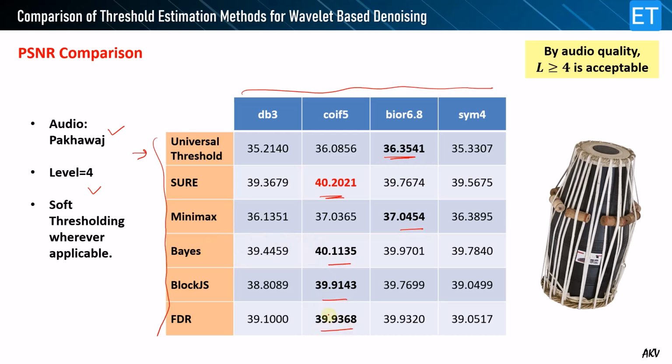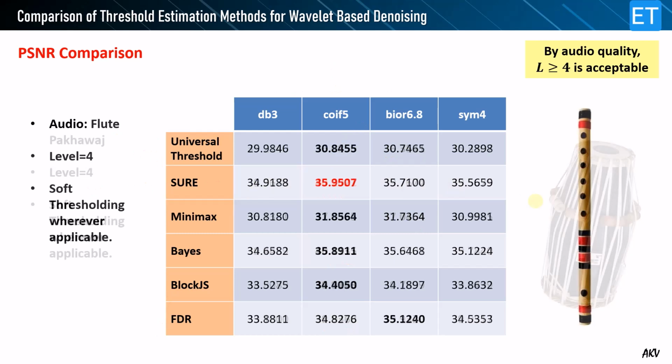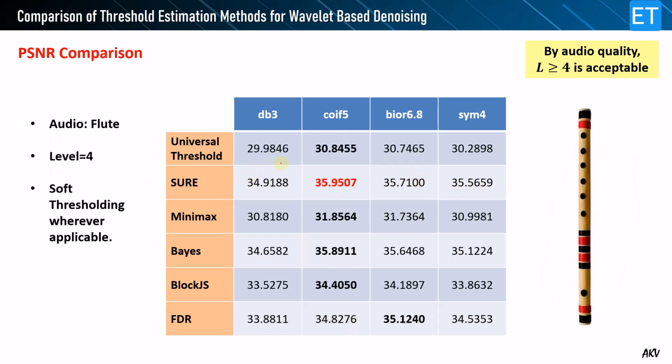So the highest we are getting is with SURE and coif5. Obviously coif5 is performing better as compared to all other wavelets for the Pakhavach audio, and the SURE method is giving me the highest PSNR. So the SURE and coif5 combination is working well for this Pakhavach. And in the next, for flute, again universal threshold is also giving the highest for coif5.